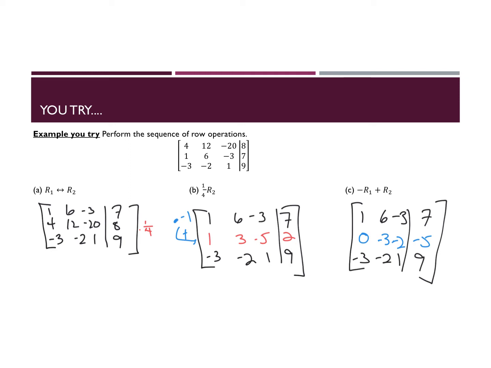So essentially we're saying 1 times negative 1 plus 1 is 0. 6 times negative 1 plus 3 is negative 3. Negative 3 times negative 1 plus negative 5 is negative 2. And 7 times negative 1 plus 2 is negative 5.